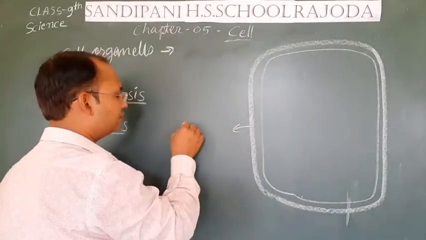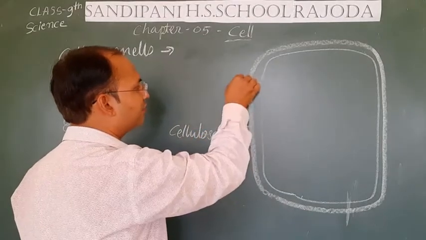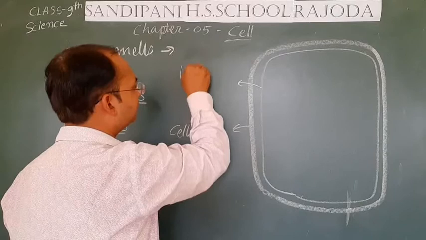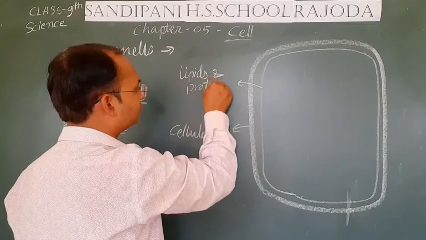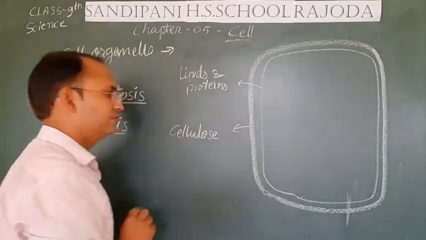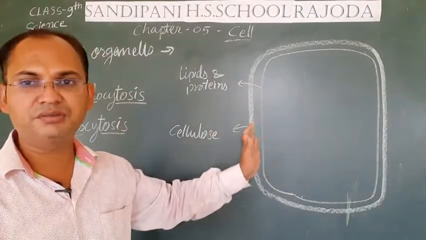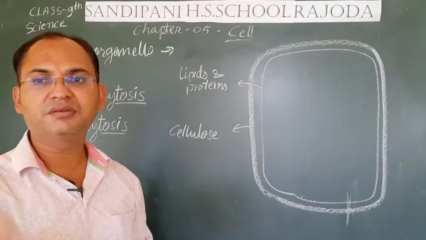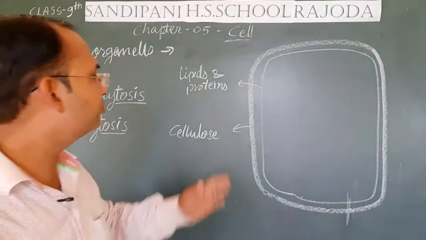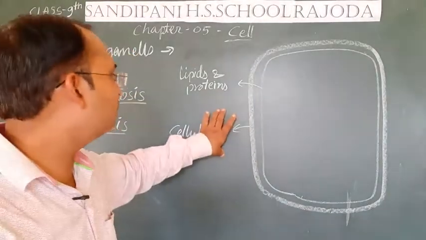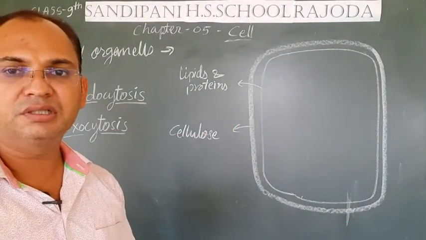The main constituent of the cell wall is cellulose, and the cell membrane was made up of lipids and proteins. This cell wall is rigid and very hard compared to the cell membrane. That is why we feel some hardness whenever we touch a plant, just because of the cell wall. This cell wall is a dead structure and mainly made up of cellulose, which is a dead structure also.